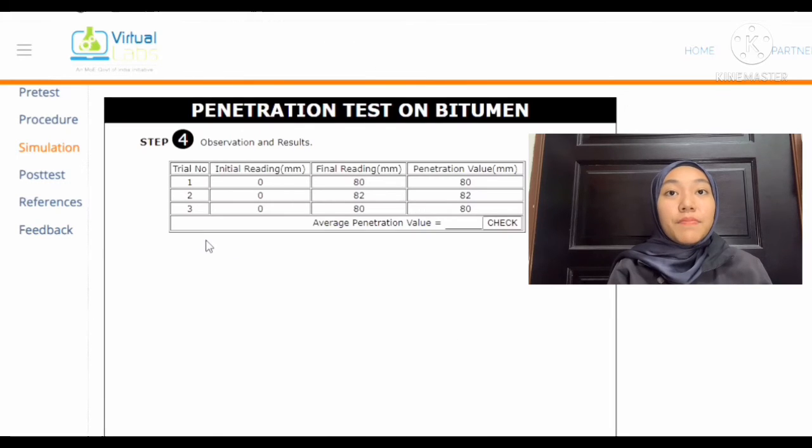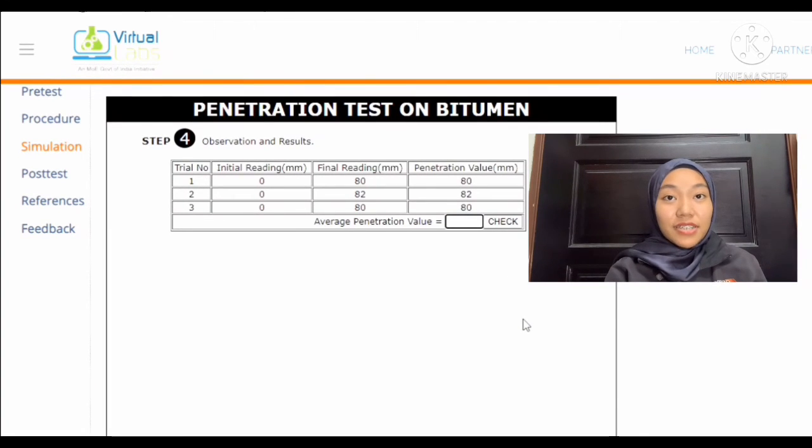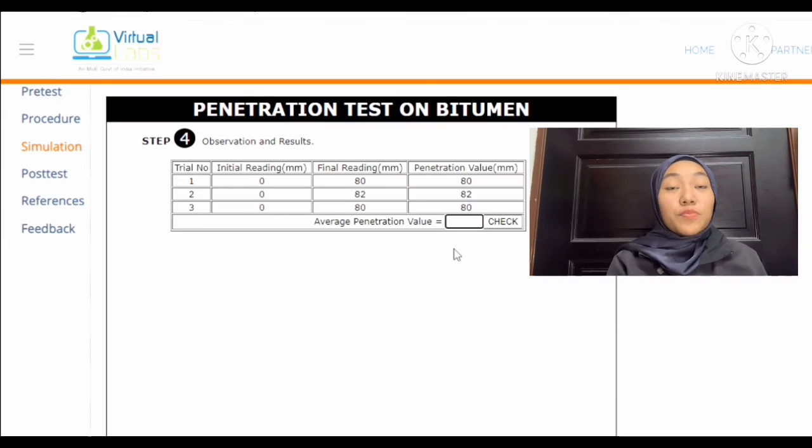Lastly, repeat the previous steps for 3 trials. Calculate the average penetration value. Note down the results and go through the inference given. Observation and results. From the data given, the answer for average penetration value is 80.67 mm.